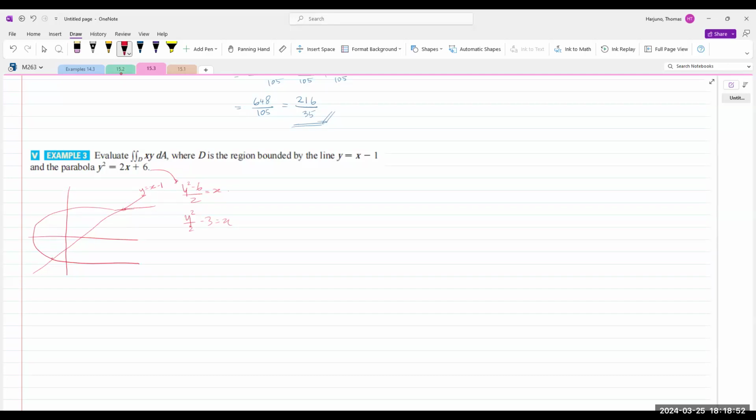So let's see, where do they intersect? Solution. y plus 1 equals x, which is equal to y squared minus 6 over 2. So multiply both sides by 2 and set one side equal to 0.